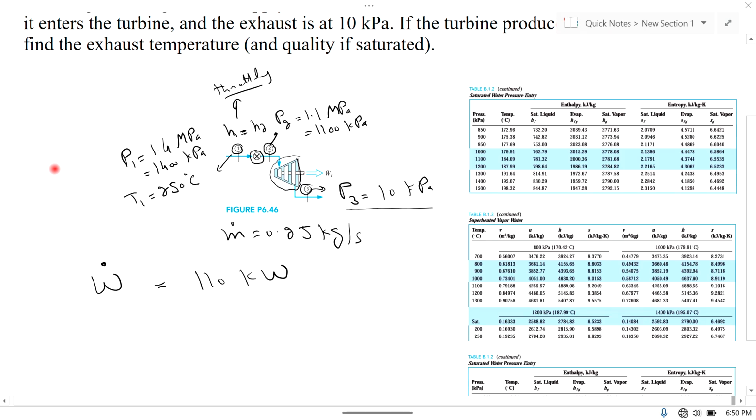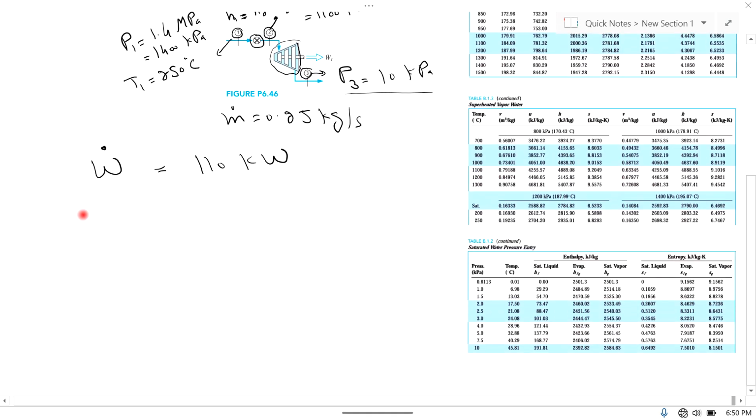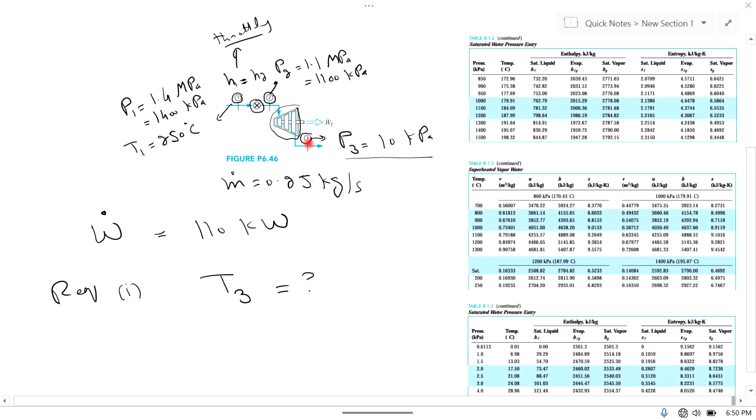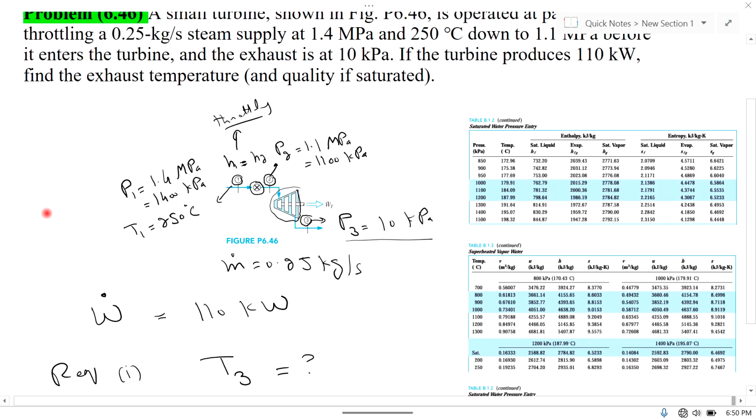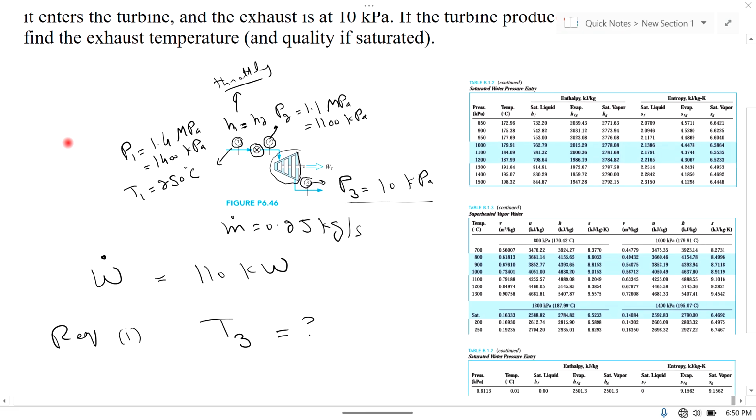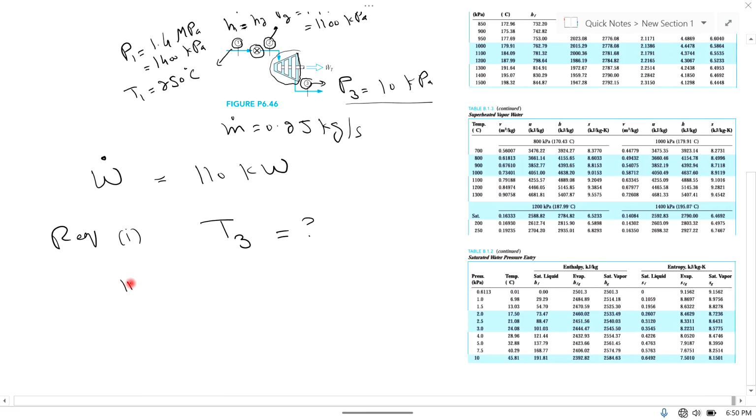Find the exhaust temperature and quality if saturated. Required is number 1, find the exhaust temperature T3. The exhaust of the turbine is state number 3, so at this point the temperature is T3 and the quality is X3.